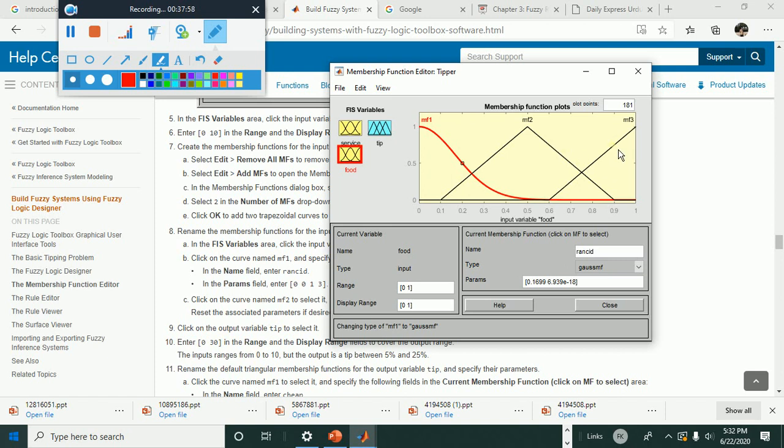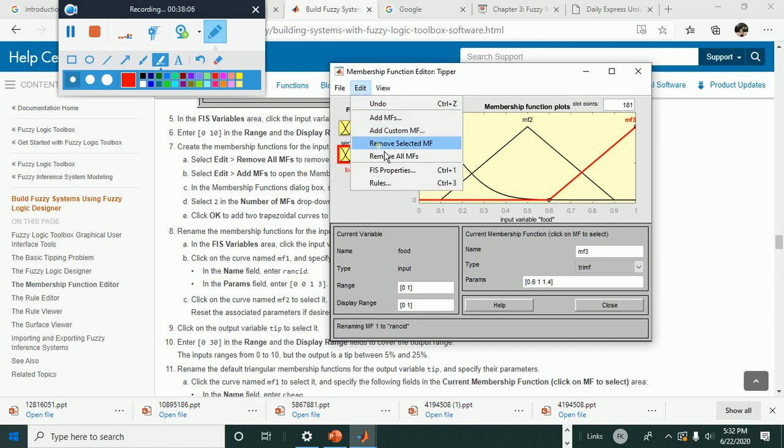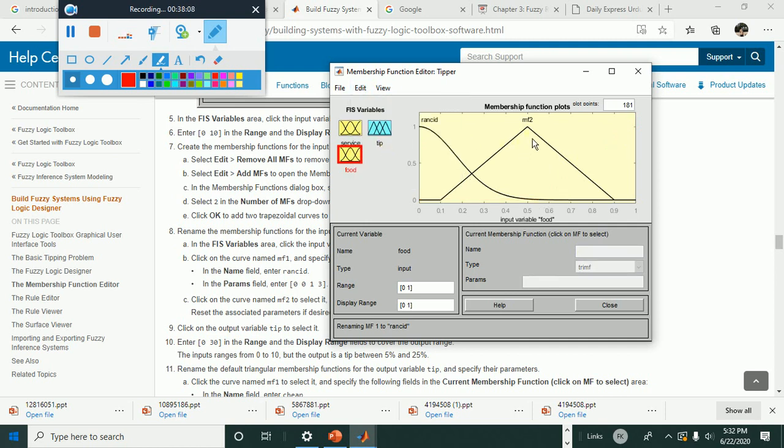The third one we will remove, remove selected one, and this one we have to name delicious. It will be Gaussian, and we have to move it here.